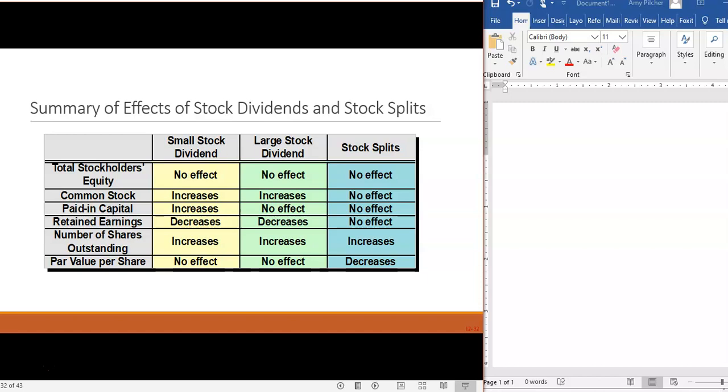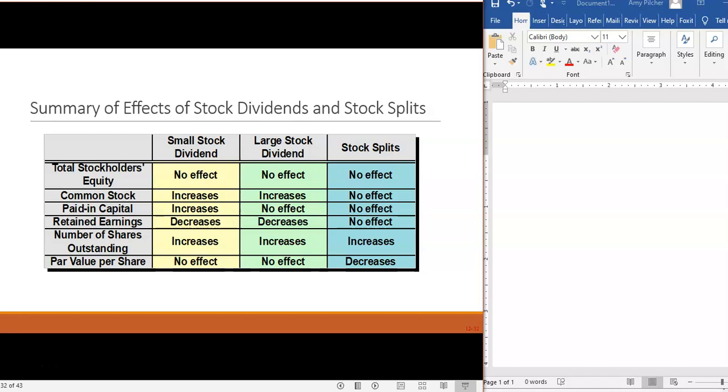So this is an example of the effects of different kinds of stock dividends and stock splits. All three of them have zero effect on the total stockholders' equity. Stock dividends increase the amount of common stock. Small stock dividends increase the amount of paid-in capital.